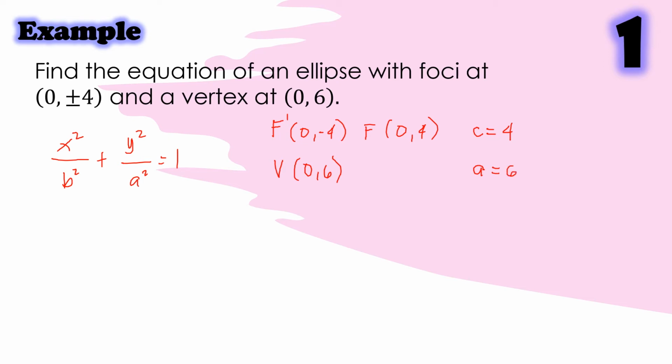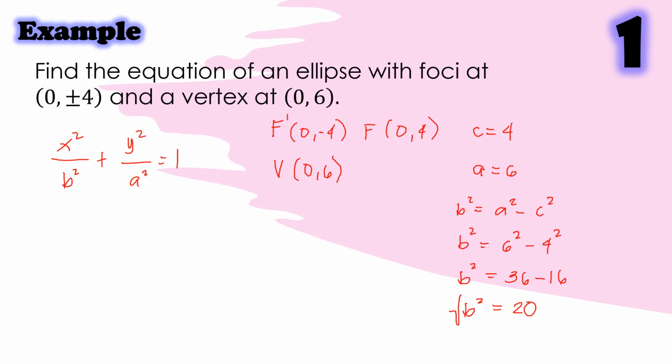To find the equation, we now only need the value for b, and using the relation b squared is equal to a squared minus c squared, substituting the values, we have b squared is equal to 6 squared minus 4 squared. So we have b squared is equal to 36 minus 16. 36 minus 16 is 20.